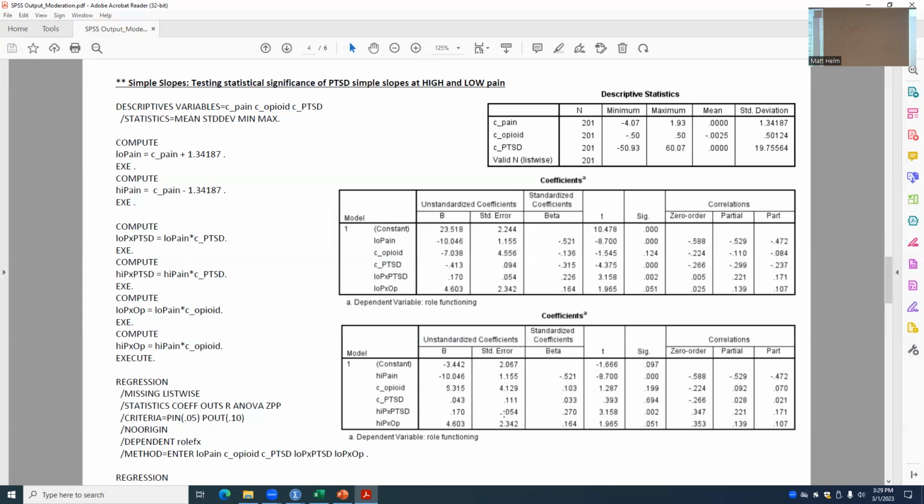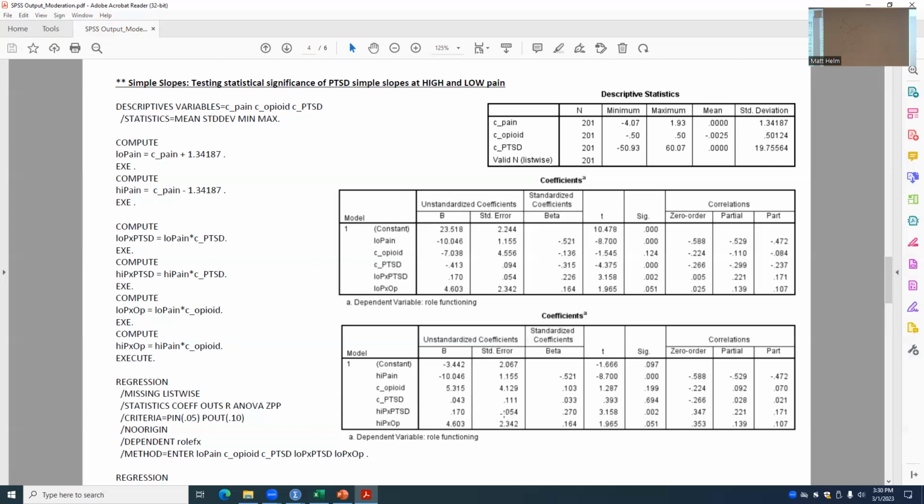Okay. Haley, do you have a question? I did. When we're looking at the simple slopes, we're saying that if we hold pain constant at a standard deviation below the mean, there's a negative association on role functioning. So as PTSD increases, role functioning decreases. Yes.